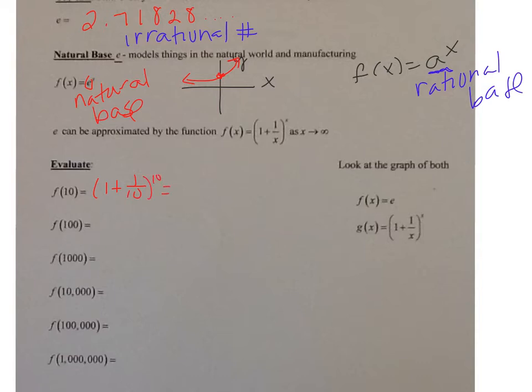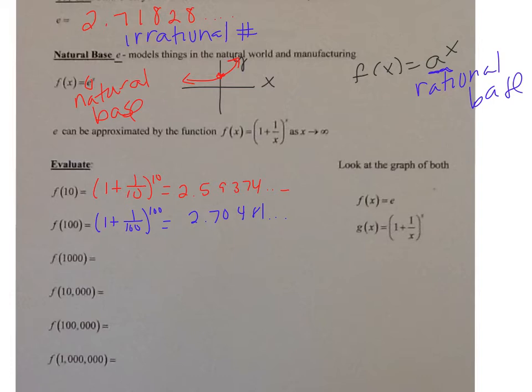So plug that in your calculator to get 2.59374... All right, let's do f of 100. So it's (1 plus 1 over 100) raised to the 100 power, which is 2.70481... And already notice I went from 2.5 to 2.7. See, I am getting closer to this number here.